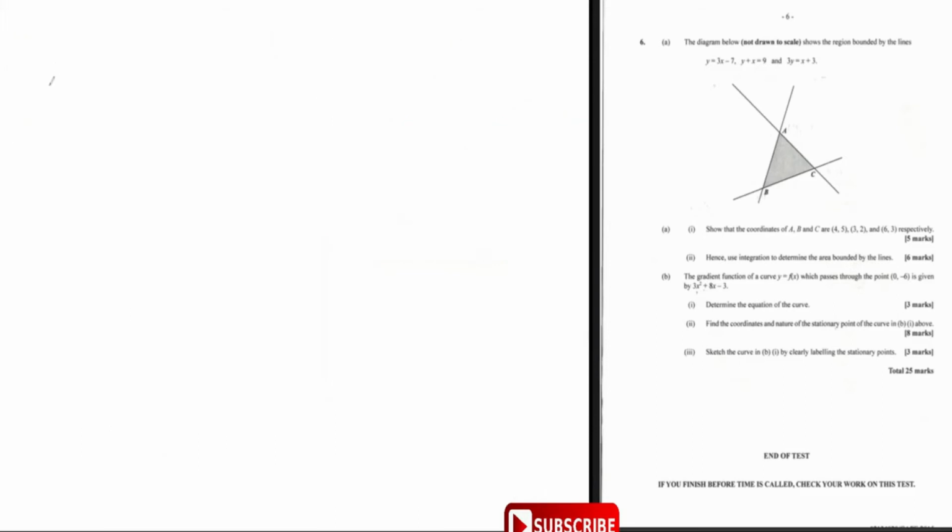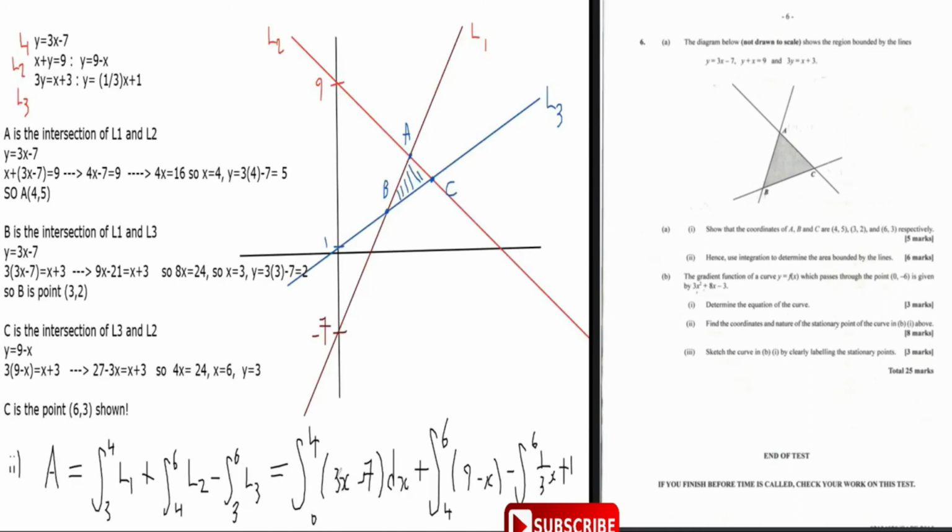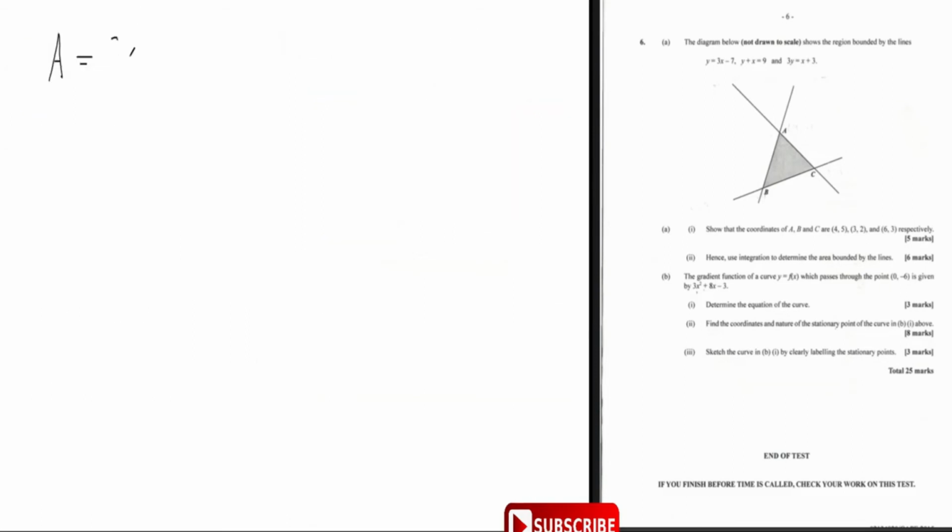So now we're going to integrate them, and the area that we're getting is equal to 3x integrated minus 7. I'm going to get 3x squared over 2 minus 7x. And remember, when we integrate, that was from 3 to 4, plus we're then integrating L2.